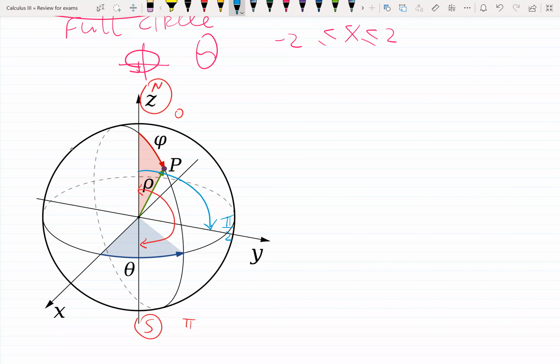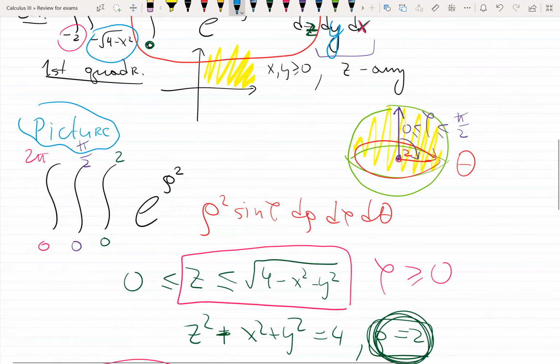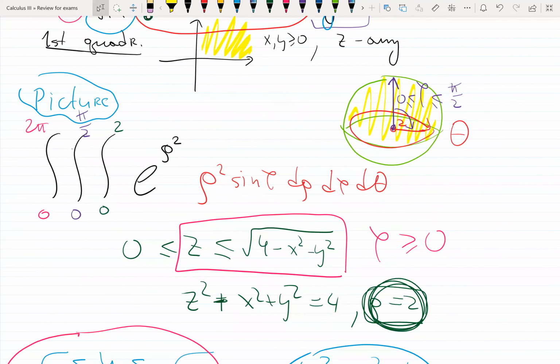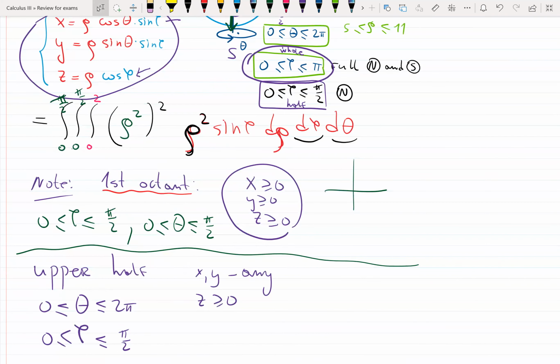What is this? Spherical. X squared plus y squared. Oh, that's the one I already did. From 0 to pi over 2, from 0 to pi over 2. This one. And then you solve it. I actually never solved it. So hopefully you know how to solve those things. And I realized maybe I should show how to solve.